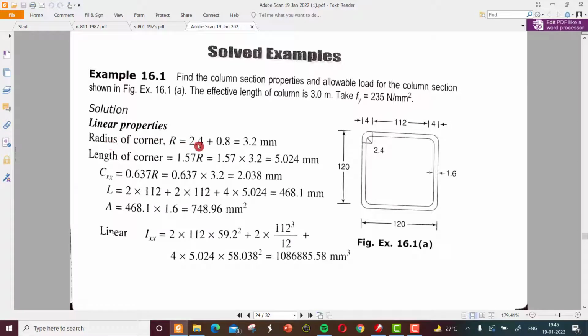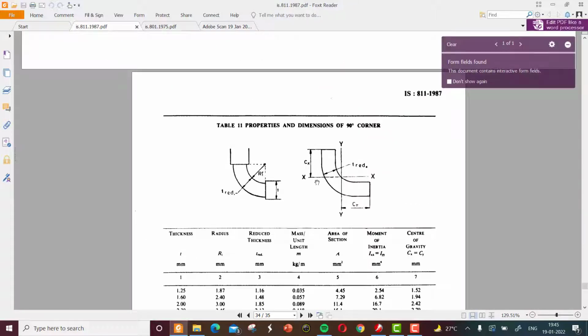Section properties: radius of corner r is equal to 2.4 plus 0.8. The section is a square closed section, 112 plus 4 plus 4, so 120 by 120. The radius of the corner actually won't be given in the problem; we have to see the IS 811.